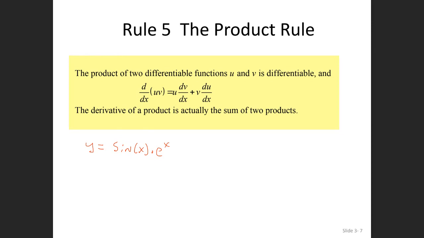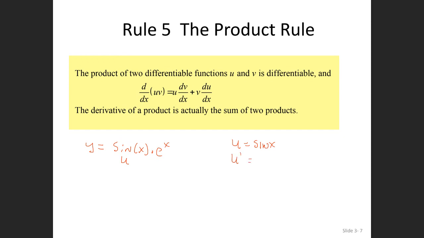Okay, now I'm going to show you how I teach the product rule, and you can use it or you don't have to use it. If you use it, it will make the quotient rule that much easier. I always tell students to let one of the functions be u. Okay, so over here, I'll just write u is equal to the sine of x. And then I'll put u prime is equal to, and then you just take the derivative.